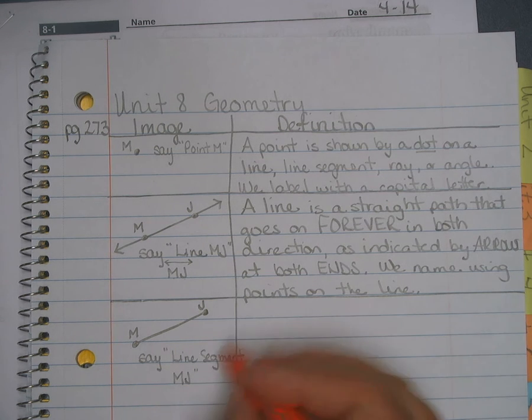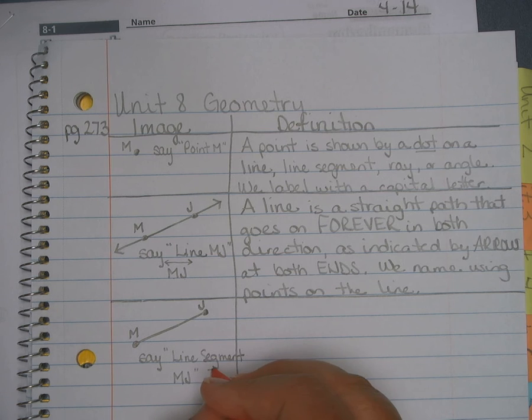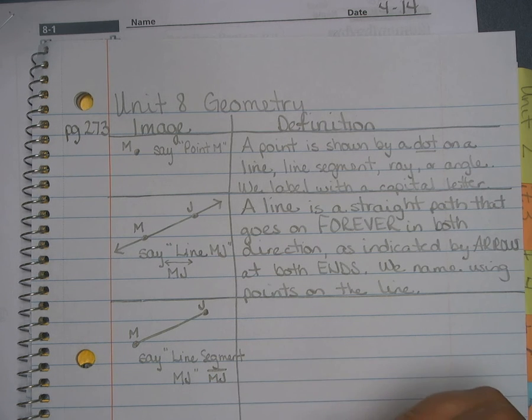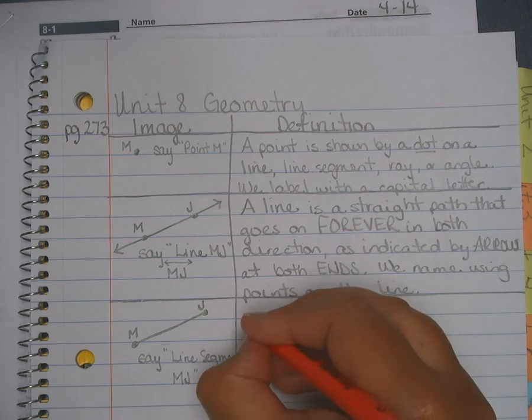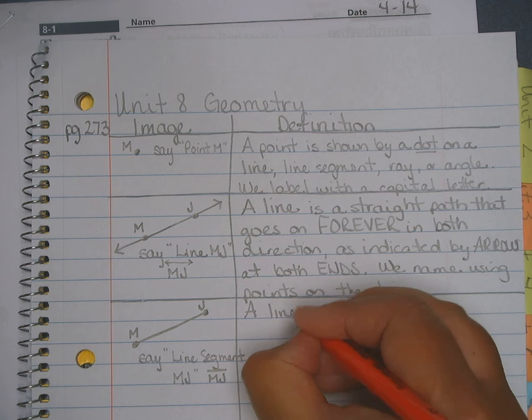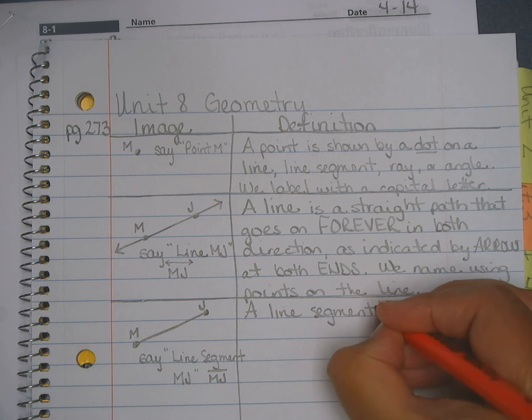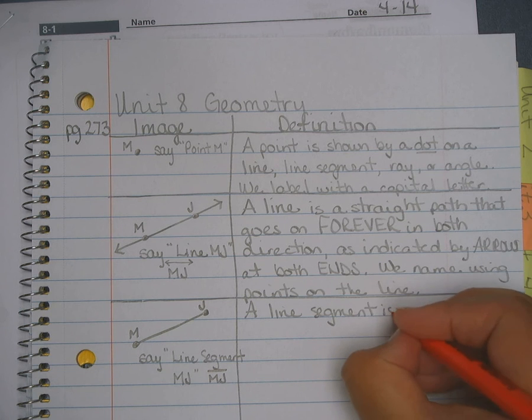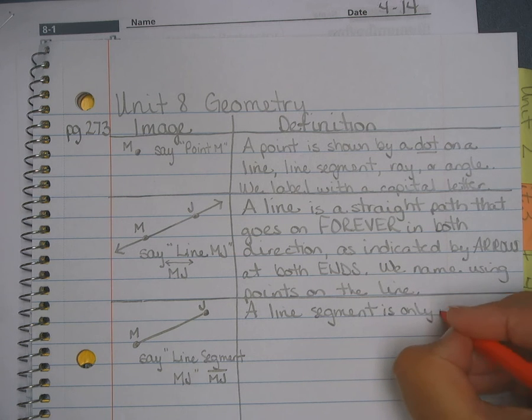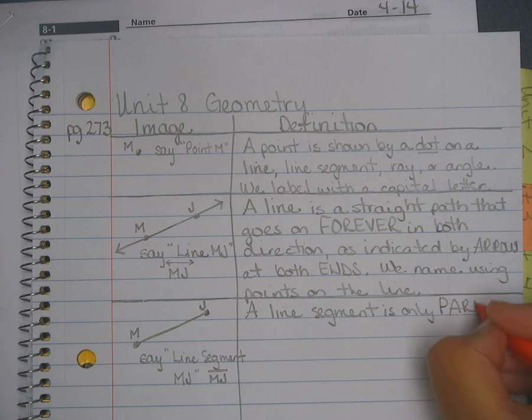And if we needed to label it, it would seriously be just a straight line with MJ or JM written below it. By definition, a line segment is only part of a line.